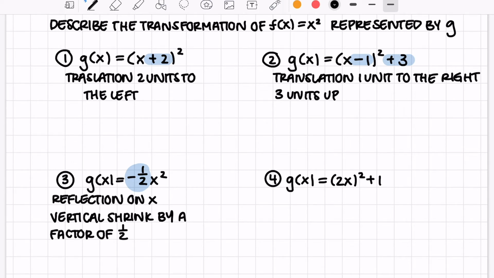Then in the other one over here, this one's a little bit different, where the 2 is multiplying on the inside of the parentheses. Because it's on the inside of the parentheses, we're not going to have a vertical shrink. We actually have a horizontal shrink instead.